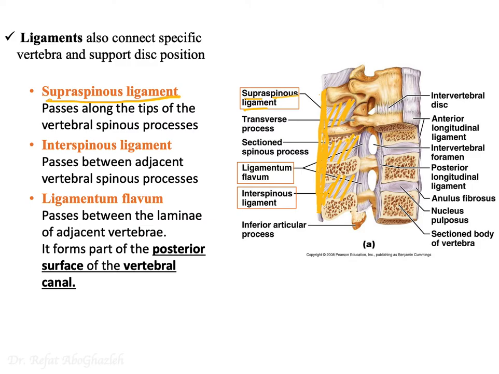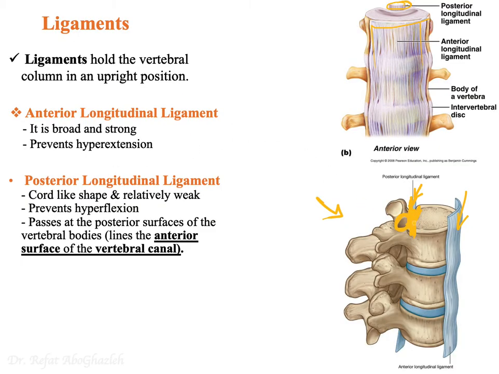On the other hand, if we move a little bit anteriorly from the spinous process, you have the lamina here. Between the laminae of the above and below vertebrae, you have the ligamentum flavum. This ligament passes between the laminae of adjacent vertebrae, and it forms the posterior surface of the vertebral canal. You remember who's the anterior?